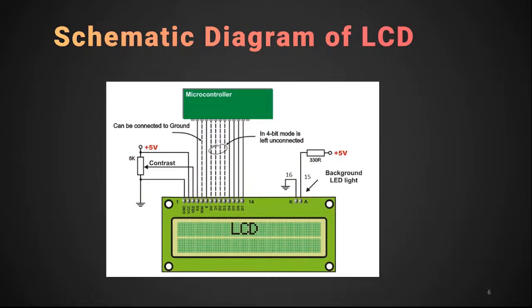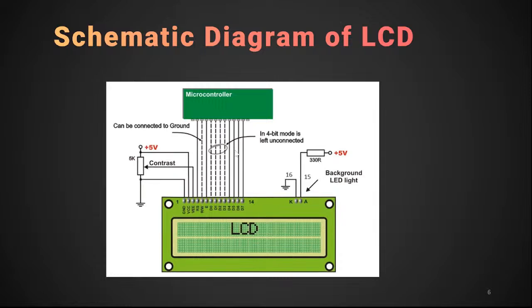Okay, in 4-bit mode, D4 to D7 is used, and these lines D0 to D3 are left unconnected if you use the LCD on 4-bit mode. If you use the LCD on 8-bit mode, then you have to connect all these 8 lines. And for the 5 volt backlight, you can use a current limiting resistor of 330 ohm connected to the anode.